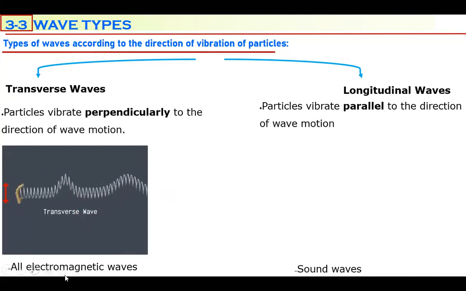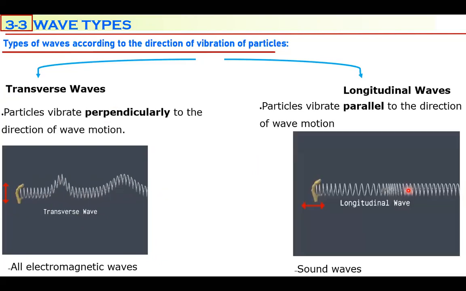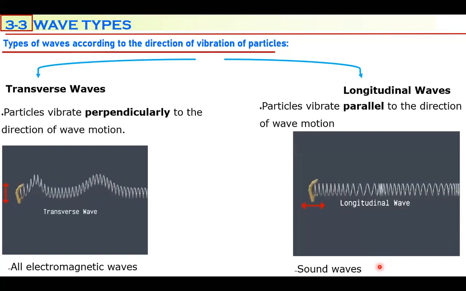All electromagnetic waves are transverse, but some waves vibrate in the direction parallel to the direction of wave motion, like this. As you see, particles are vibrating horizontally. Disturbance is also traveling horizontally. So their direction of vibration and wave motion are parallel. So this is called a longitudinal wave, and sound is a very good example of longitudinal waves.